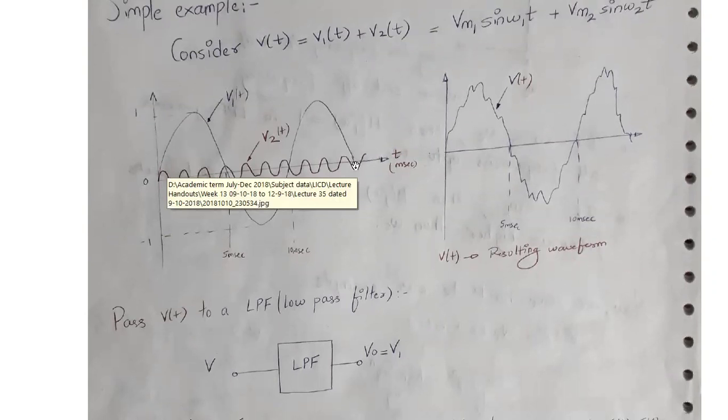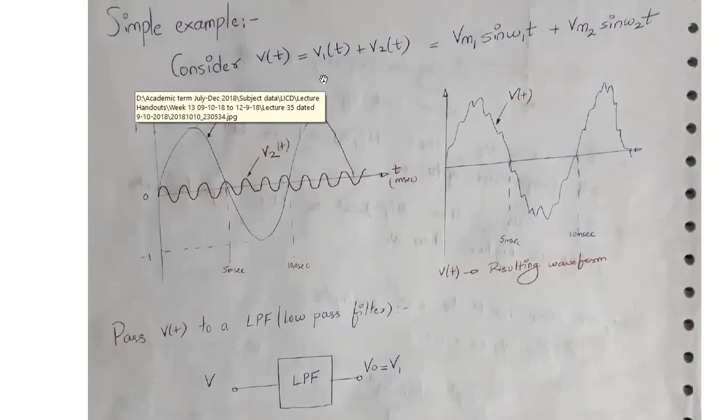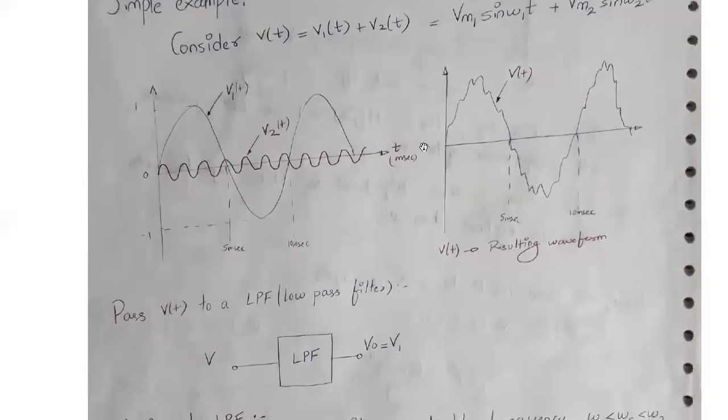Again, I repeat, V2 is a high frequency signal but low amplitude, and V1 is a high amplitude signal but low frequency. If you add the low frequency and the high frequency components together, the output which you will get is this. So this is my resulting waveform.